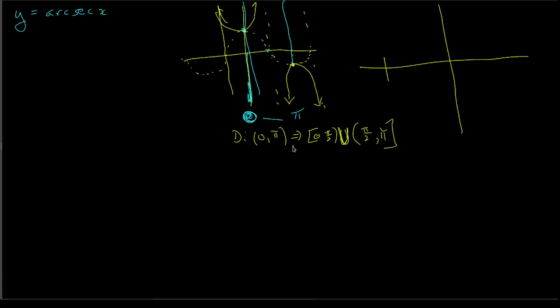So there's what the domain looks like with the asymptotic jump in the middle. And then the range it spits out, well, it goes from negative infinity to negative 1, and then it reemerges at 1 and goes off towards positive infinity. So I need to go from negative infinity to 1 in my arcsecant function.